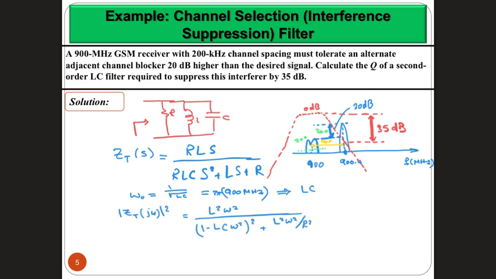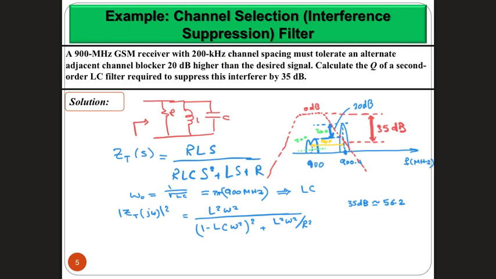Okay. Now this square of the magnitude at the point of suppressing the interferer should be 35 dB lower, in terms of absolute magnitude, not the square. So in terms of the square magnitude, it should be equal to the square of the absolute value of 35 dB. So first, how much is a drop of 35 dB? A 35 dB drop is approximately 56.2 in absolute values.